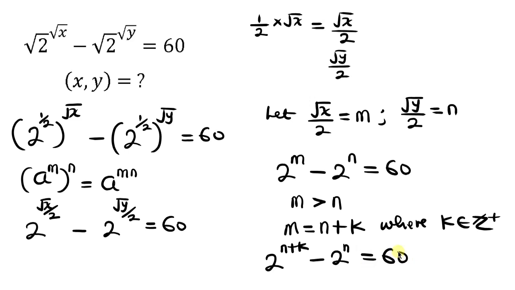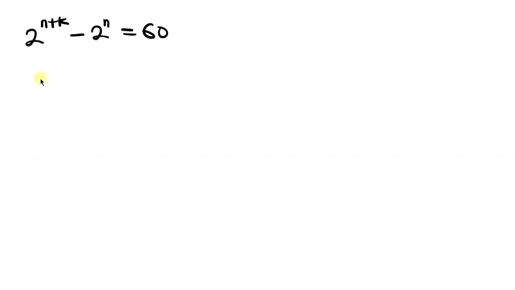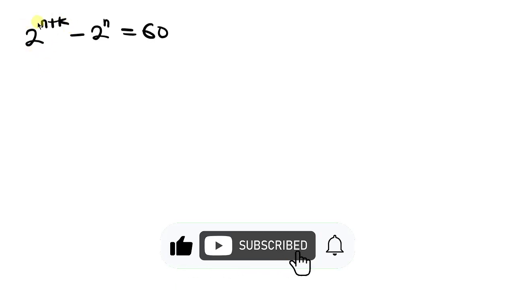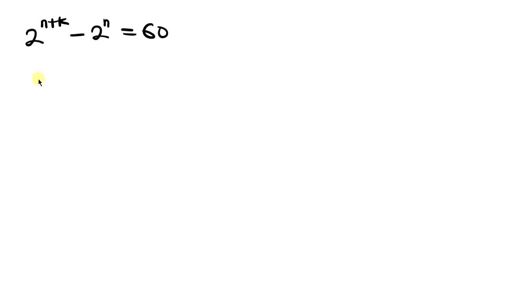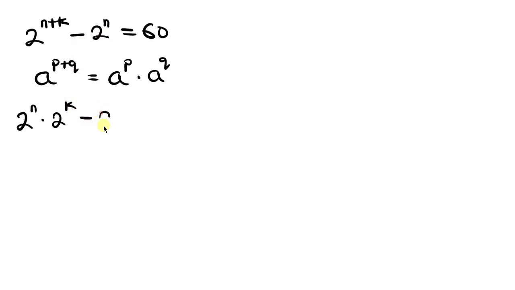Now let's move forward to the next slide. All right, so our next step will be for us to apply the law of indices to what we have here, which says that a to the p plus q is the same as a to the p times a to the q. So this expression now becomes 2 to the n times 2 to the k minus 2 to the n equal to 60.